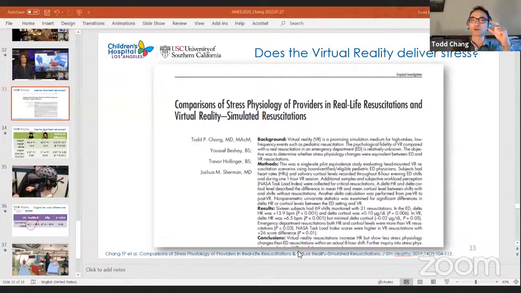What we've also found is that just because VR is there does not mean that you should not do mannequin-based simulation. There are certain things that VR is very good at, and that is causing a small amount of stress. This is a paper that we wrote where we measured people's heart rates and salivary cortisol levels to find out how people were reacting in virtual reality.